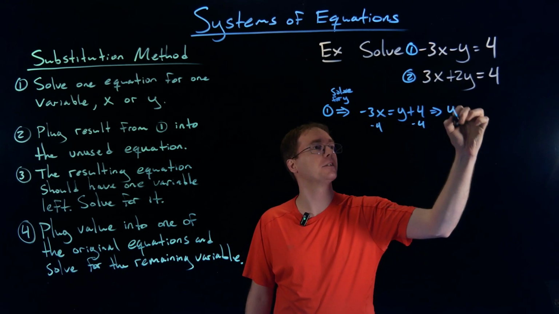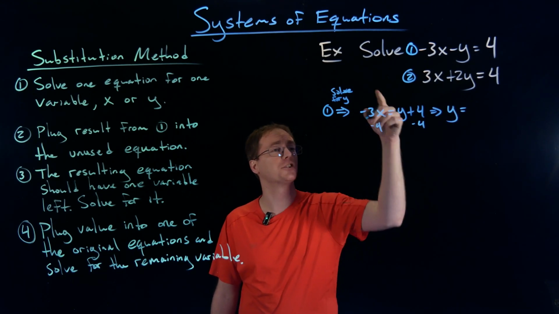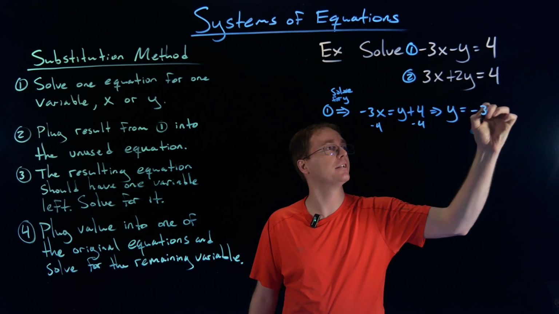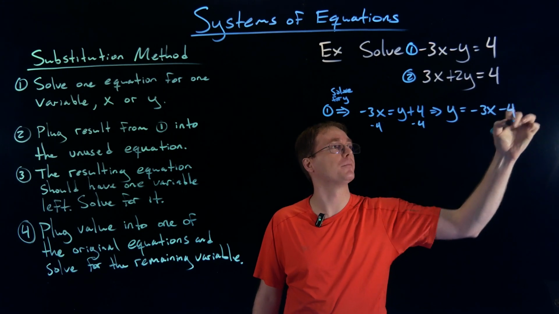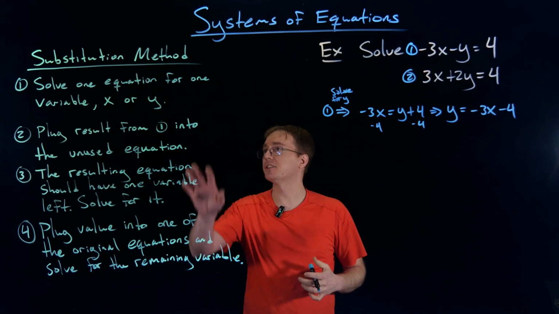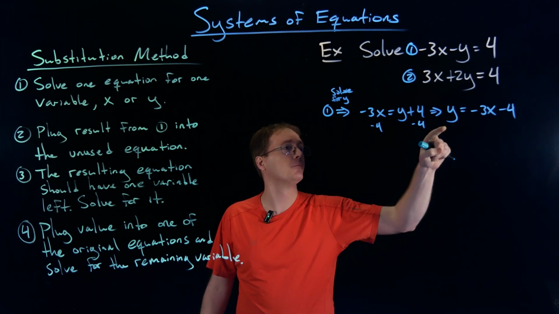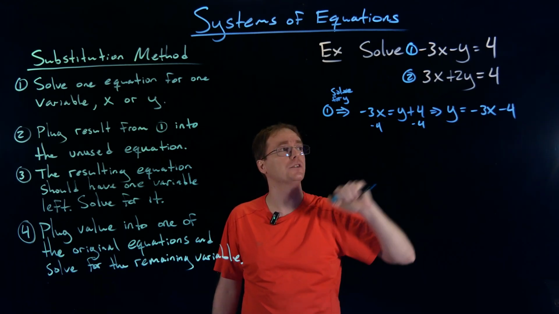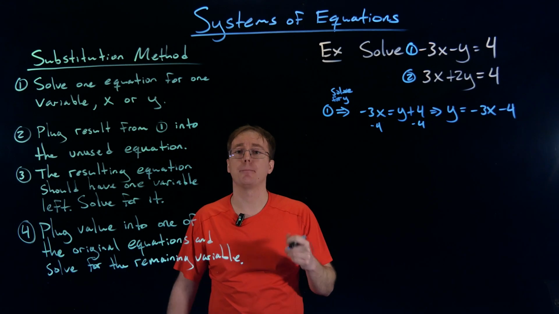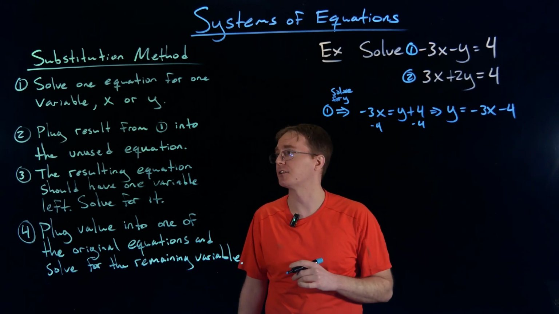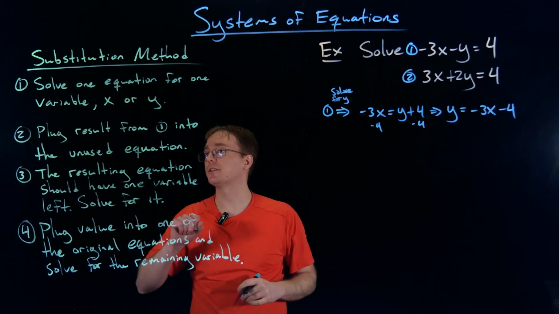That'll get us y by itself on one side, and on the other side, we'll have negative 3x minus 4. So we've completed step 1. We solved our first equation for y in terms of x. Our first equation says y is always equal to negative 3x minus 4 when we're working with this system. So now we're ready to move on to step 2.